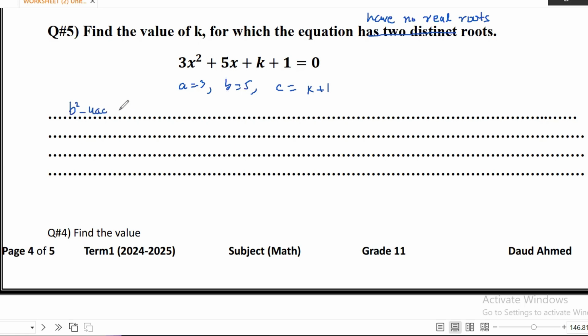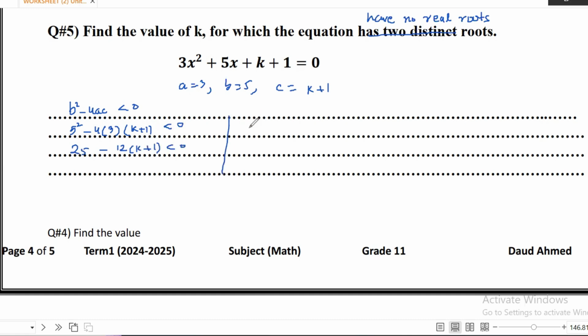For no real roots, it is less than 0. And then here b is 5 squared minus 4, a is 3, c is k plus 1. And next step, 25 minus 12 times k plus 1.